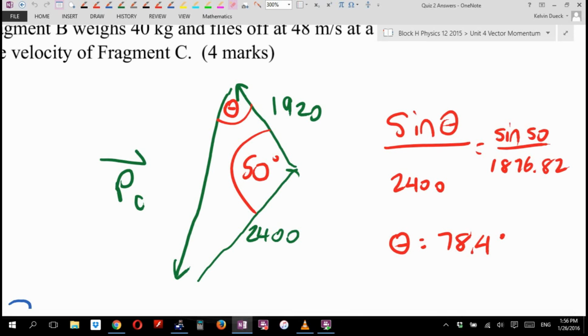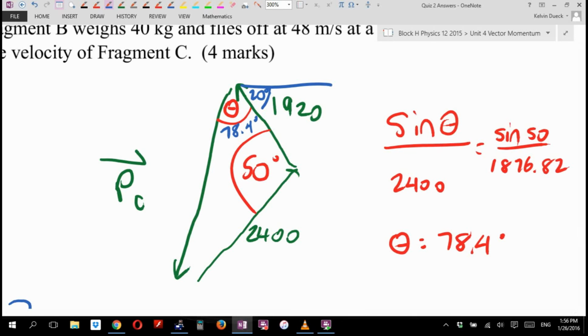Okay, so how big is this angle? I'm going to label that now. How big is this angle here? What do those add to? 90. Okay.